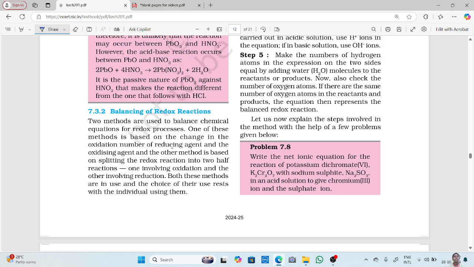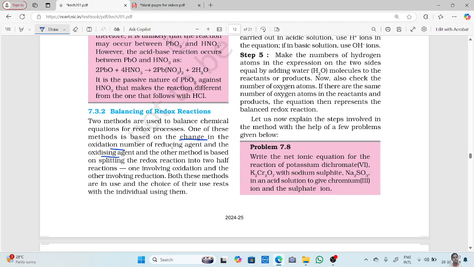Now in this case, there are two methods on the basis of which redox reactions are balanced. The first method is based on the change in the oxidation number of the reducing agent and the oxidizing agent, and the other method is based on the splitting of reactions. In the second method you have to split the reaction into oxidation and reduction and then balance them.